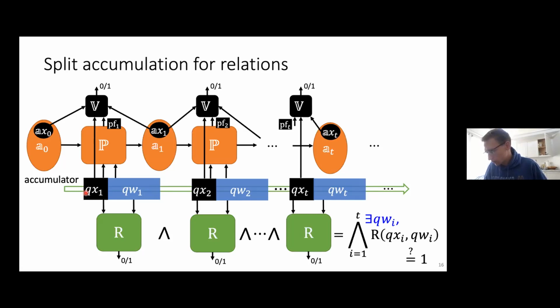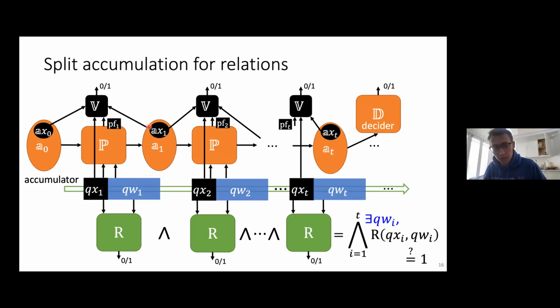The whole scheme still looks like an accumulation scheme. We still go from one accumulator and query here to a new accumulator. So we accumulate the old accumulator and this input to the relation into a new accumulator. At the end there exists a decider, and the decider gets to read the entire accumulator.